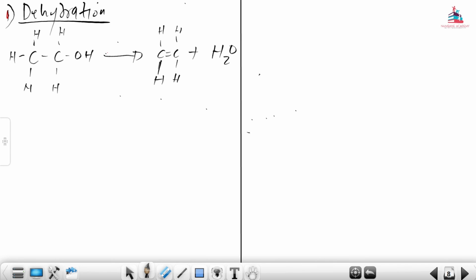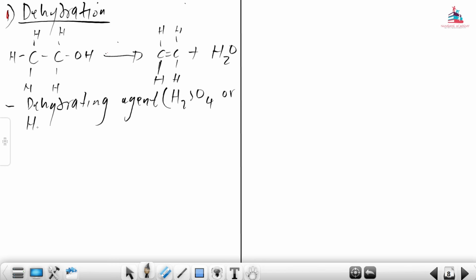We need a dehydrating agent, and this dehydrating agent is either H2SO4 or H3PO4, and we also need heat for this reaction to take place.